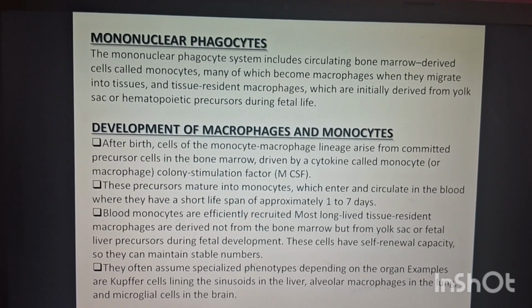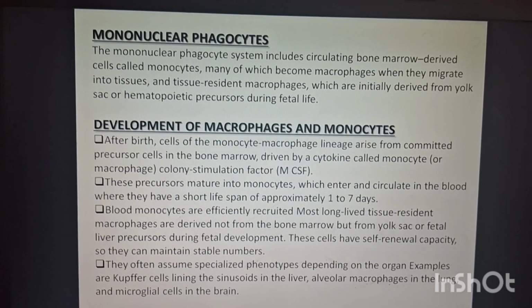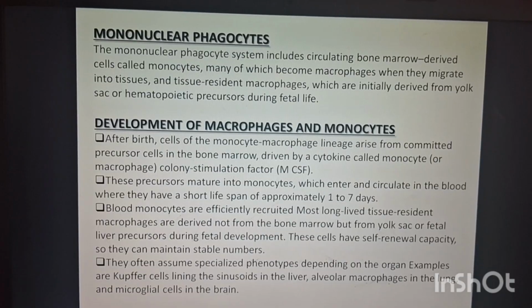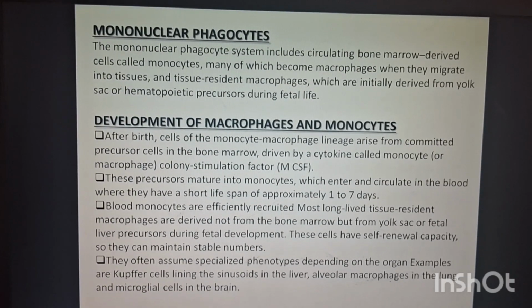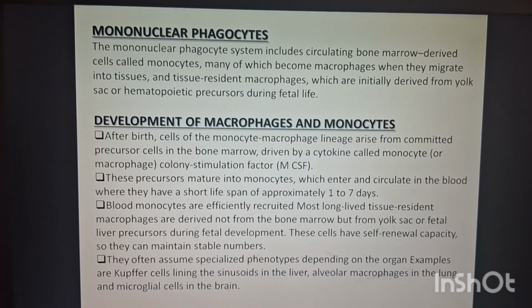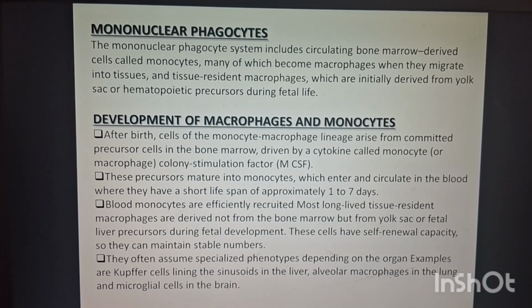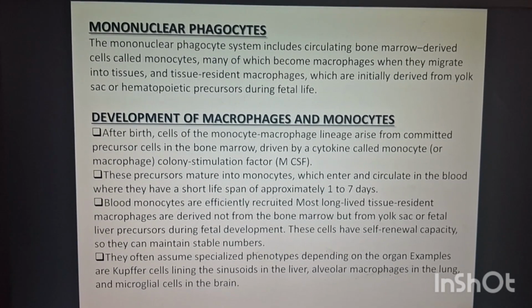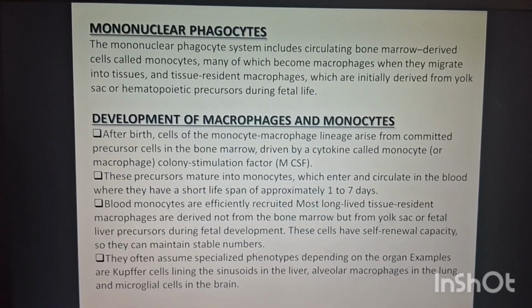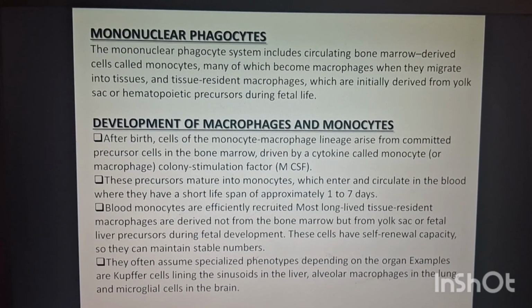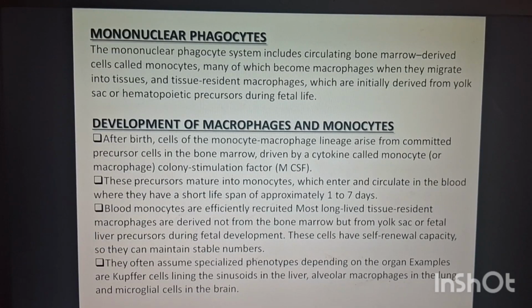Next, development of macrophages and monocytes. First, mature cells formed when circulating monocytes migrate into the body tissue. First pathway is the bone marrow pathway. It is called bone marrow pathway because after birth, cells of the monocyte macrophage lineages arise from committed precursor cells in the bone marrow driven by a cytokine called monocyte or macrophage colony stimulating factor, also called MCSF.